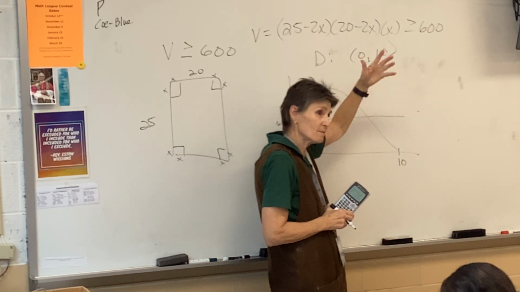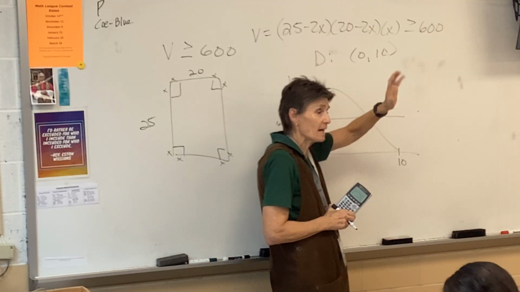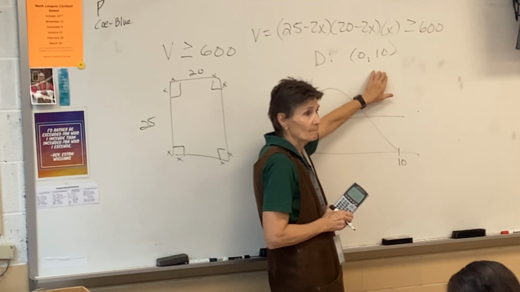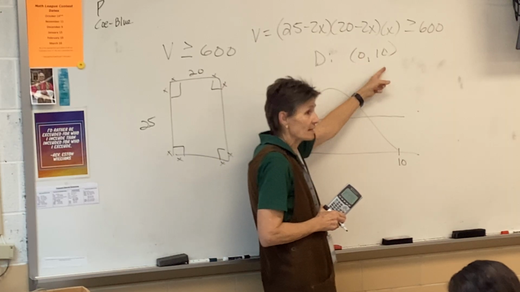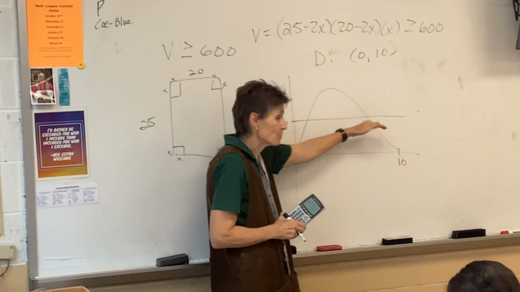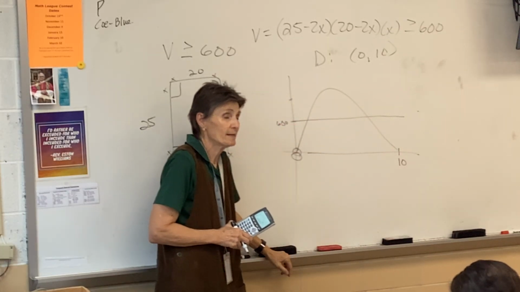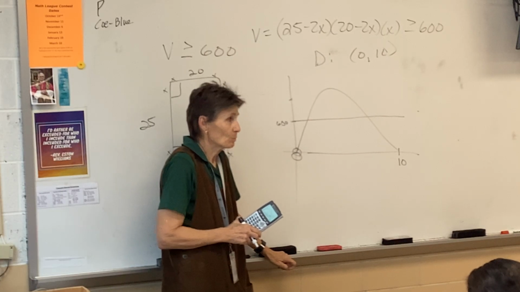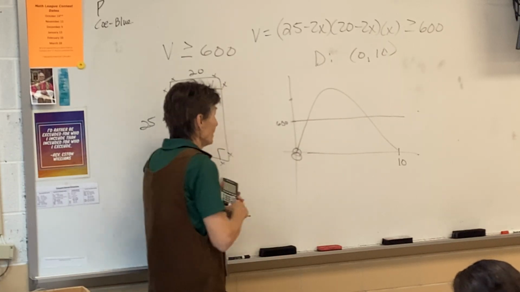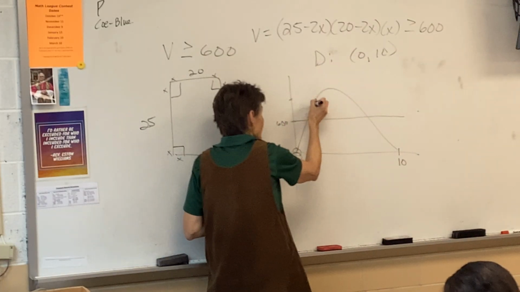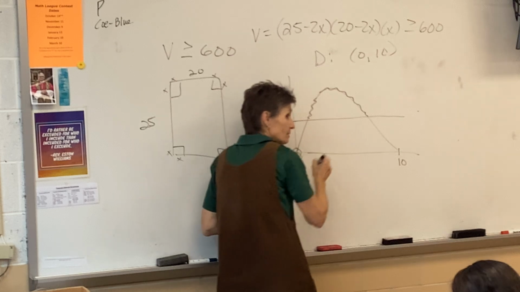This is the only part of the picture you can use. So that's x min, that's x max, that's going to give you a mountain. And then cutting through the mountain is your line 600. We want the volume, which is the mountain, to be bigger than 600. So isn't this my answer right here?